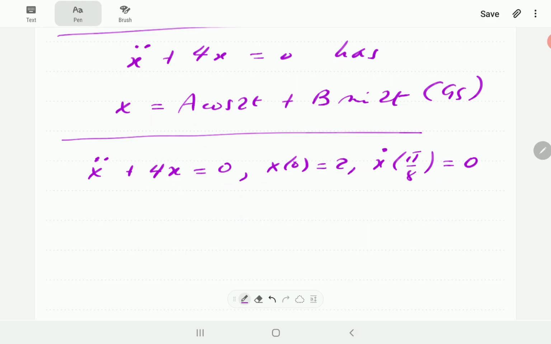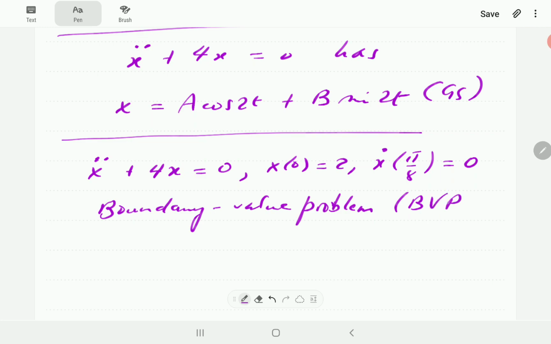So this is a boundary condition problem, because we're specifying these at two different times, and so the whole system is called a boundary value problem, abbreviated BVP.